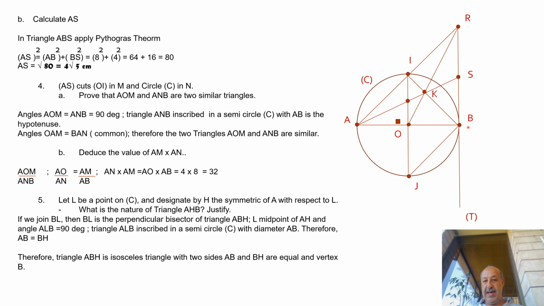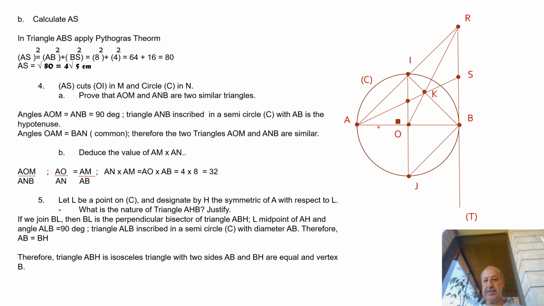In triangle ABS, angle ABS is 90. We know that because, again, it's a tangent to a radius. So if we apply Pythagoras theorem in this sense, we say that AS square is equal to BS square plus AB square.